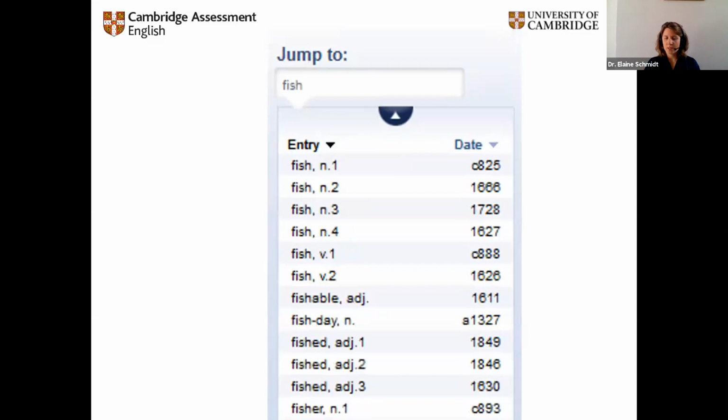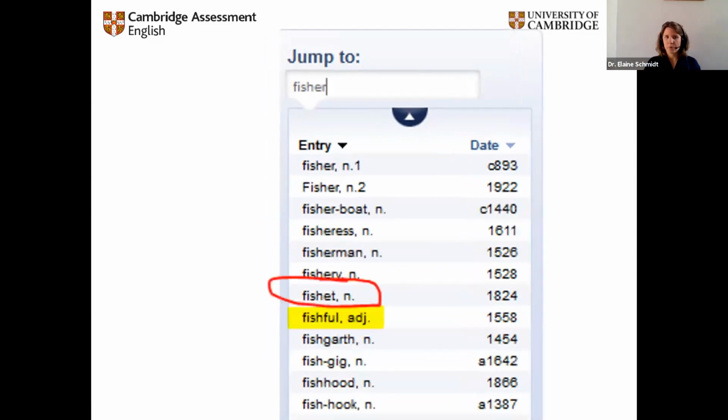And as more and more sounds come in, so sh, here sh is one sound, you can see again the list is being reduced until at some point there becomes the point where the next bits don't make any sense anymore. So if you have something like Fisher, in the British pronunciation or the American pronunciation, you can see that things like fishful, for example, are already at that point not a possibility anymore. So at that point, you know that you have reached the end of the list.